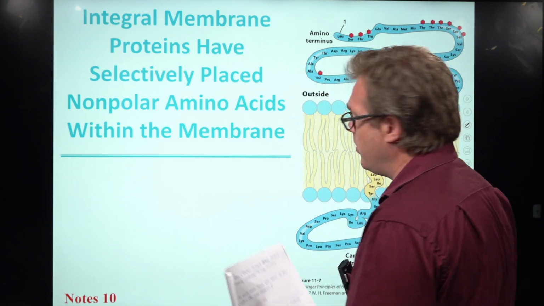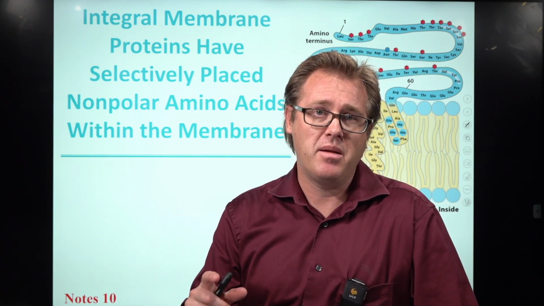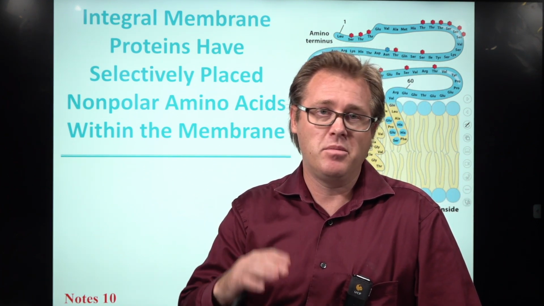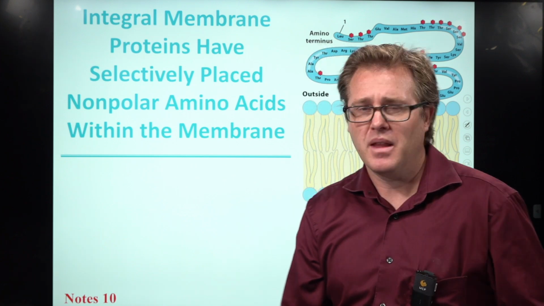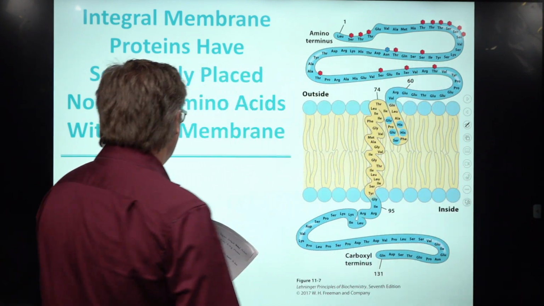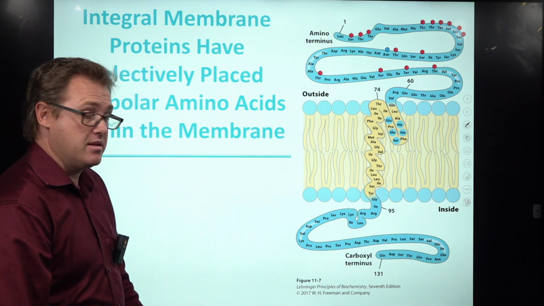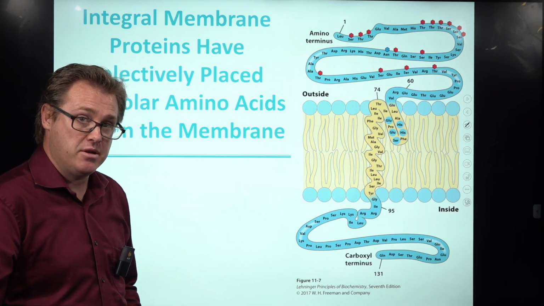So you know how when we were looking at the lipids composition in a membrane, that the top leaflet and the bottom leaflet will have different composition of lipids, and we called that asymmetry. Well, the same thing with integral proteins is there's going to be typically asymmetry.